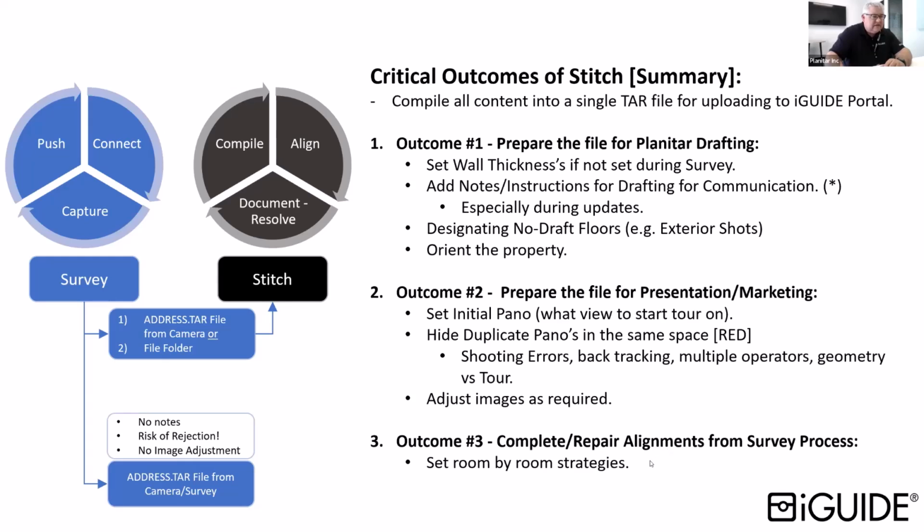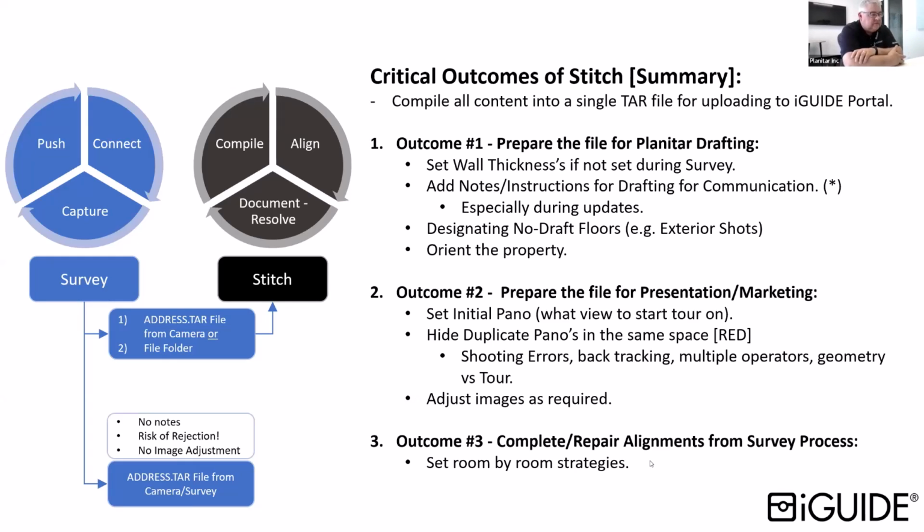The last outcome of Stitch is to complete or repair alignments from the survey process, which means if you did not align your property well or it got lost, please don't take that personally.